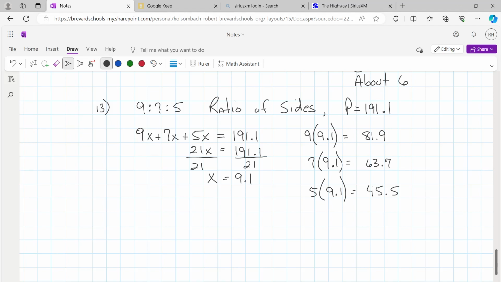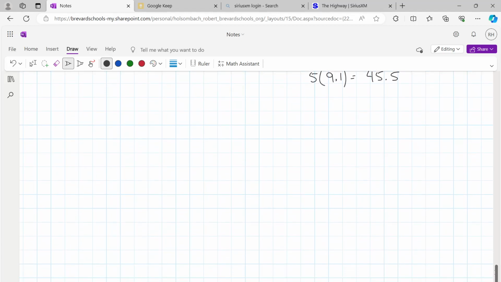And then one more time, I'm going to do number 17 on the top of page 465. The question is the ratio of the measures of three angles is 3 to 6 to 1.